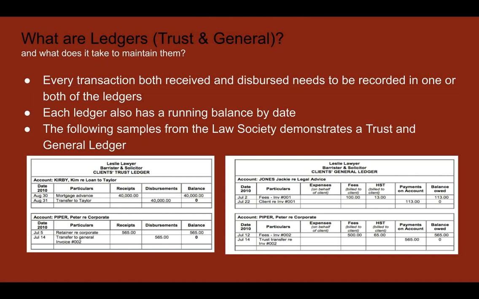First of all, the client's name and the matter title, everything is entered in there. Particulars, as in what is the transaction, and then receipts, which is an incoming wire, and disbursements, which is an outgoing amount, and there's a balance. So these are captured under it. Now, this is very specific to the type of activity that takes place in your practice, on that specific date, that specific day, and for that specific client.